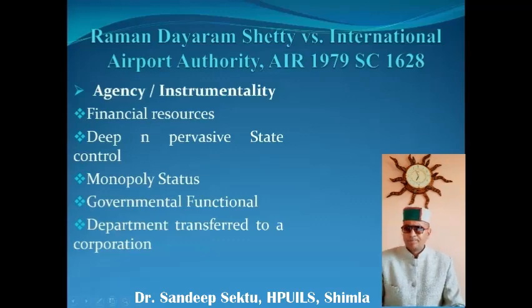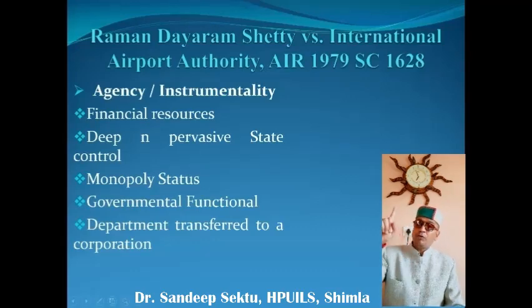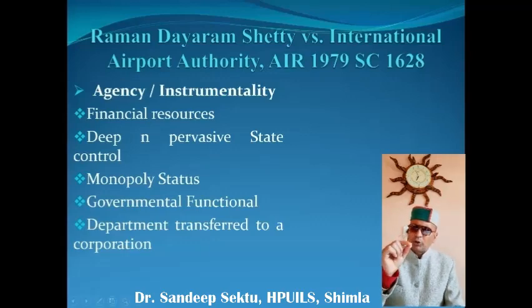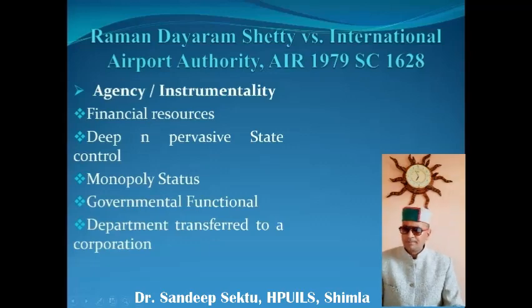Supreme Court said, if there is any authority which is working for the state as agency or instrumentality, then that authority will be state. Now the question is, how to find out that the particular authority is working for the state, that it is the agent of the state or the instrument of the state. For that also, a test was given by the Supreme Court.